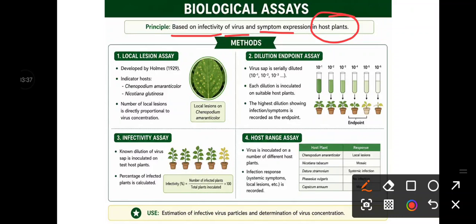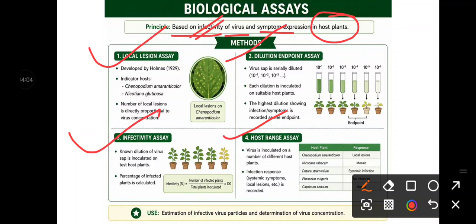So in biological assay, we will check the infectivity. The major concern is infectivity. Based on infectivity, we will quantify the virus. Methods included are local lesion assay, infectivity assay, dilution endpoint assay, and host range assay. First one is the local lesion assay. This is the most important assay.